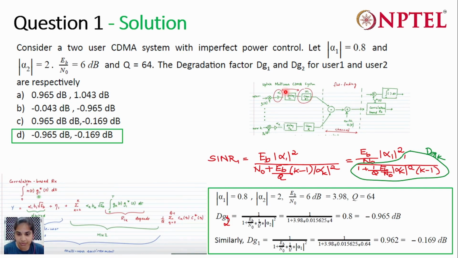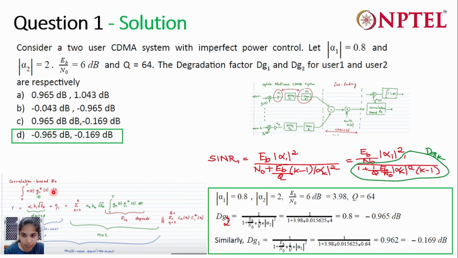But here, the idea is as follows. If we see an uplink multi-user CDMA system, we basically have different users and they are spread with g1 to gK different sequences, and then you have alpha 1, and then it should be delayed, and then it will be sent in a different uplink channel.